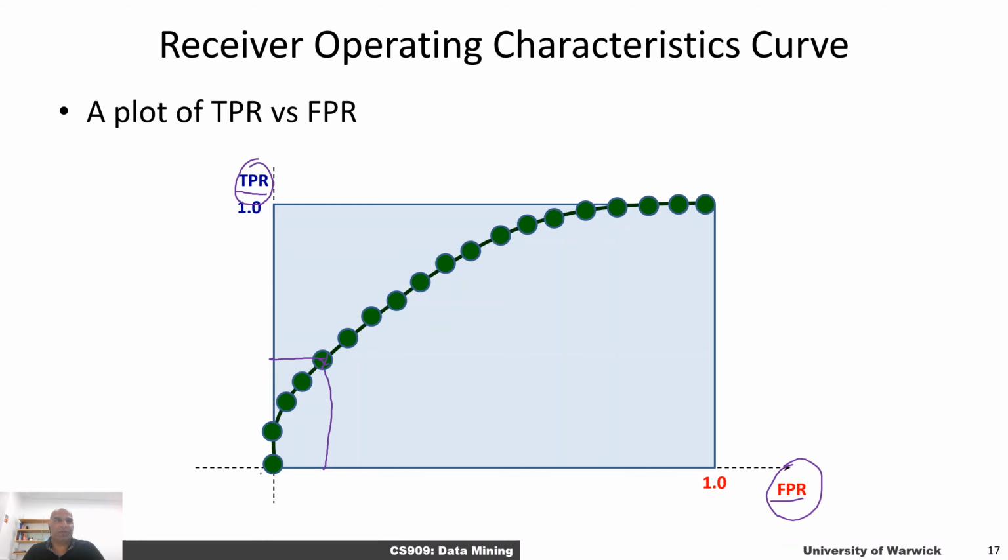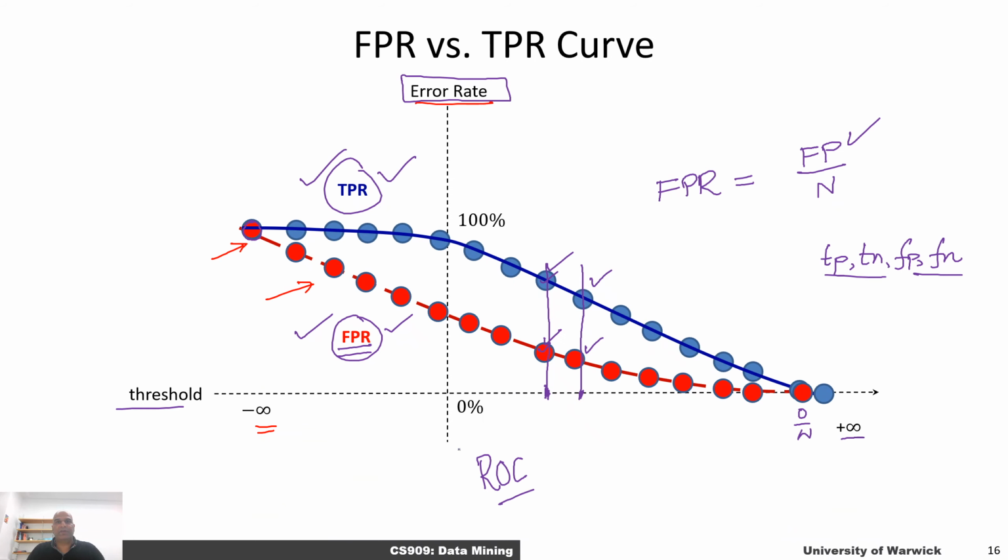So each point that you see, this point, this point, this point, all of these points are FPRs and TPRs calculated for a given test set for the same classifier by changing the threshold value.